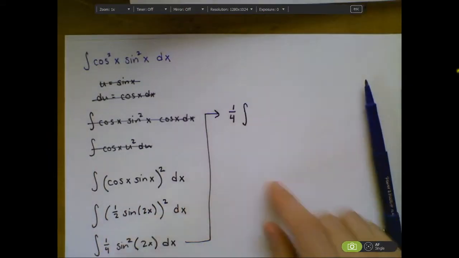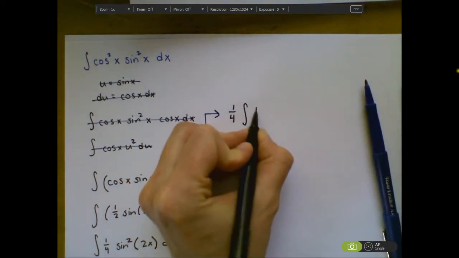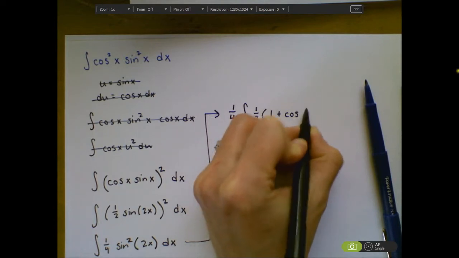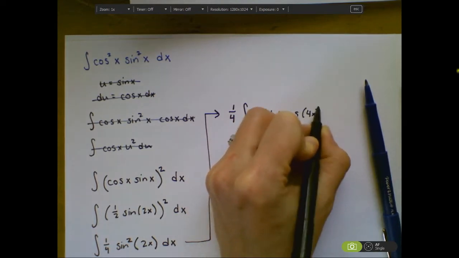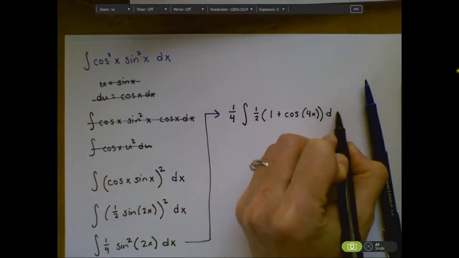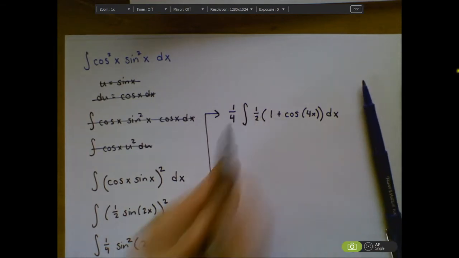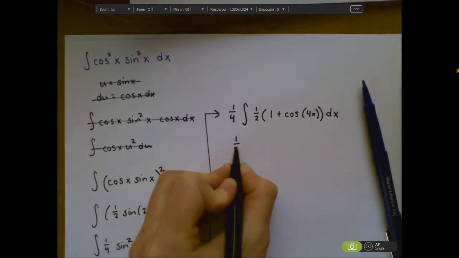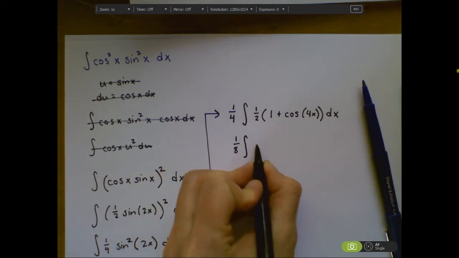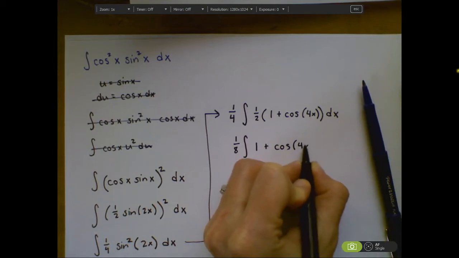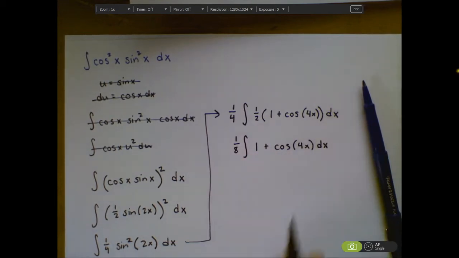So this is the integral of 1/2 of 1 plus the cosine of 4x dx. And I can pull the 1/2 out, so I get 1/8 times the integral of 1 plus the cosine of 4x dx.